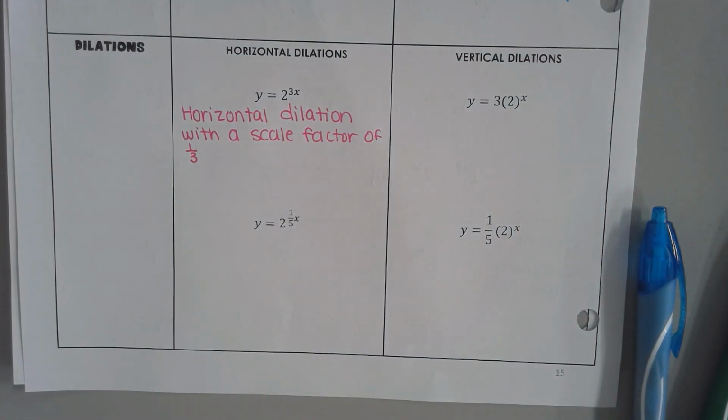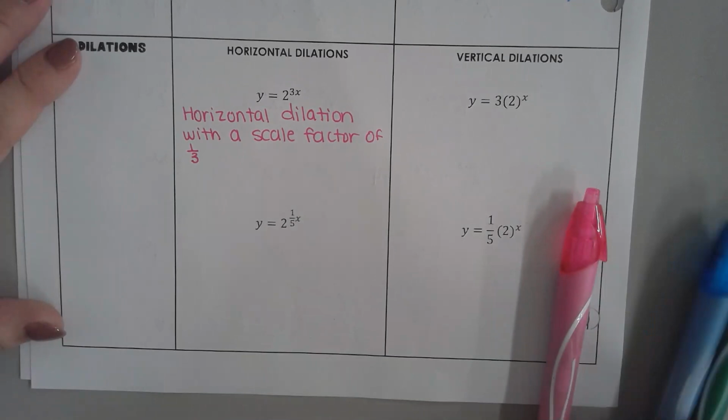So when you think opposite here, it doesn't become negative 3, it becomes 1/3. So a horizontal dilation, I know it's horizontal because that number is with the x, and the scale factor. With dilations, you tell a scale factor. If you say a horizontal dilation of 1/3, that's fine. I'm trying to use what terminology I think you will see.